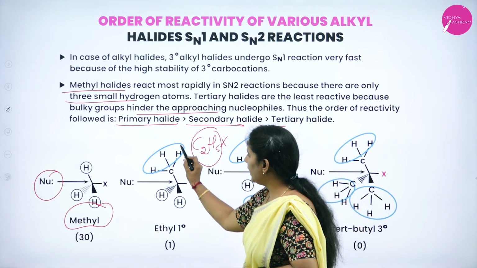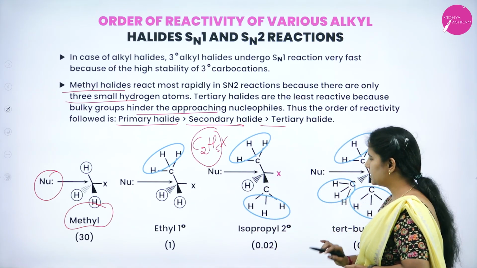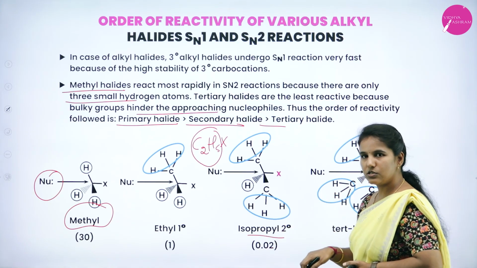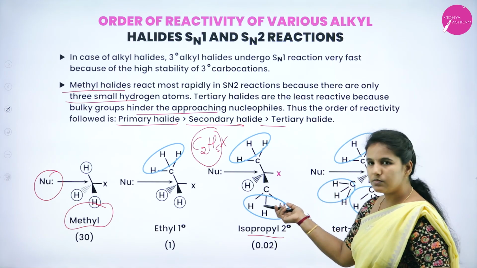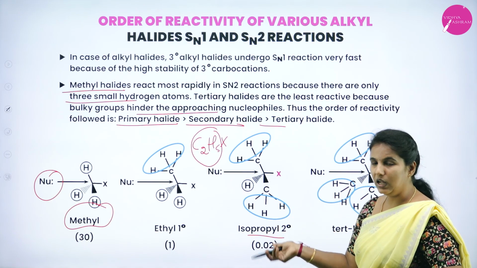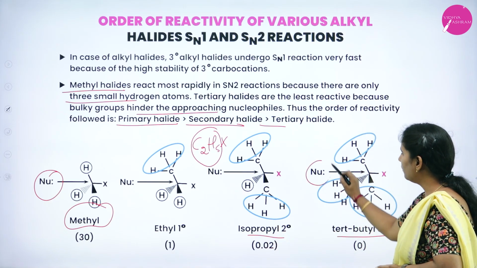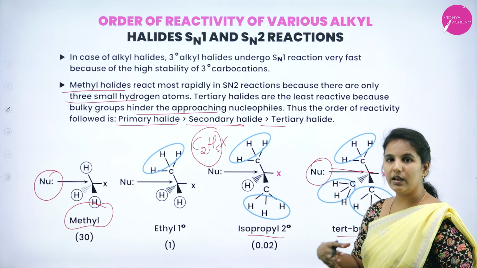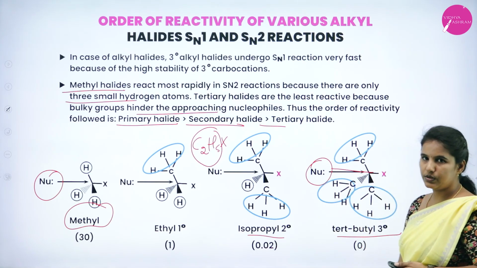So this again becomes bulkier, so the attack becomes lesser and lesser. If you compare one more example, isopropyl, one more CH3 group has been attached, so it has become very bulky for the nucleophile to attack. Whereas in the tertiary butyl halide, the attack of the nucleophile on the tertiary carbon becomes very hard because of the bulky groups, okay.